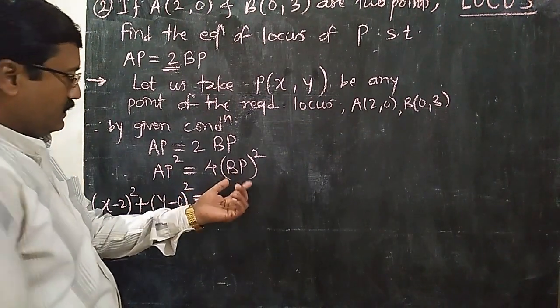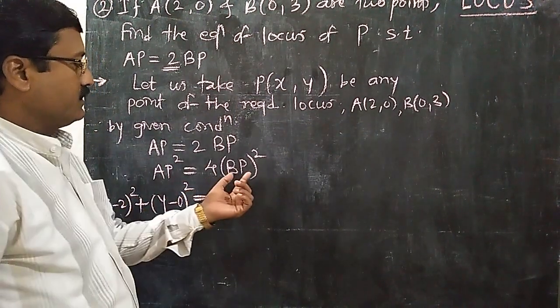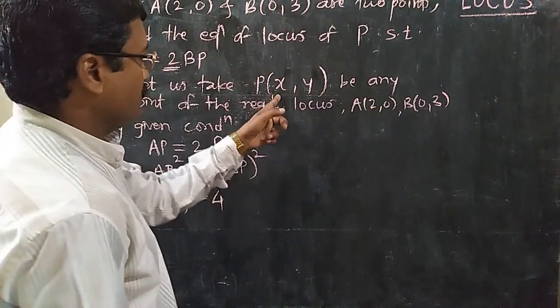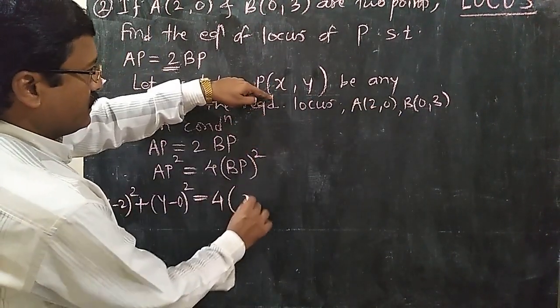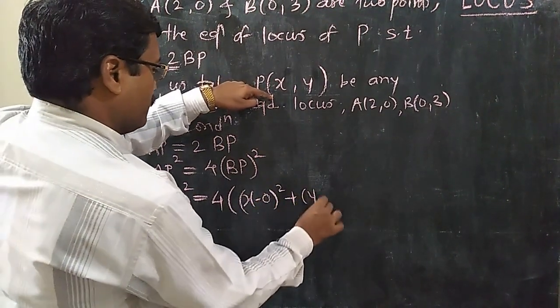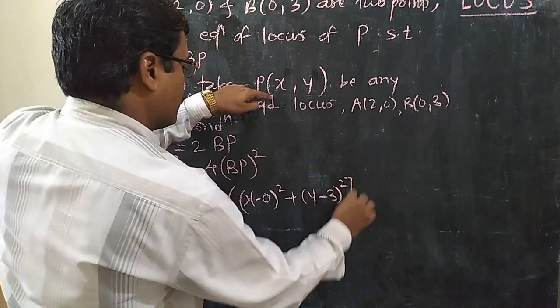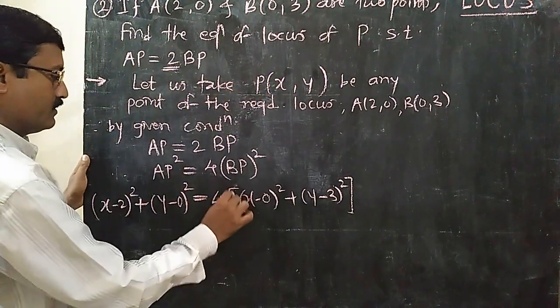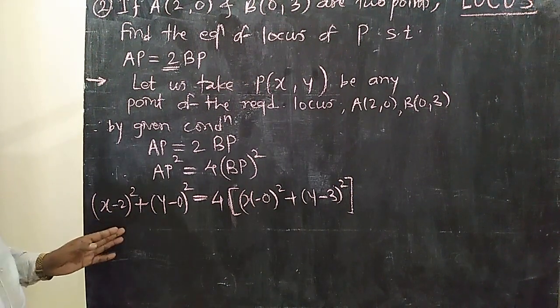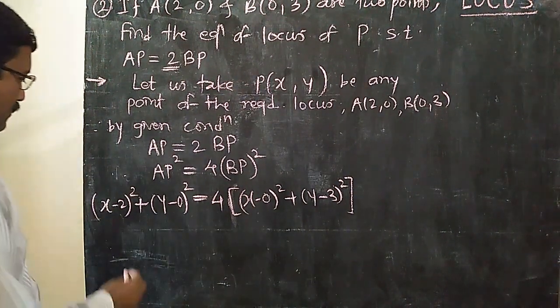Now in the RHS, you have to find the distance BP, its square. B is this and P is this. So BP square is (x minus 0) bracket square plus (y minus 3) bracket square. So this is the given condition in algebraic equation form.